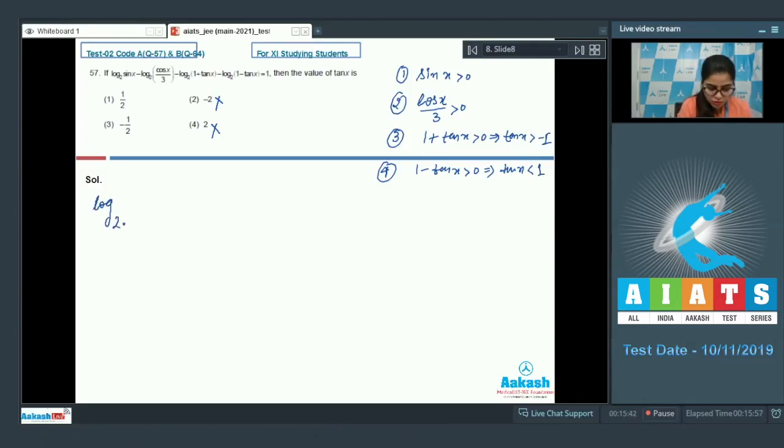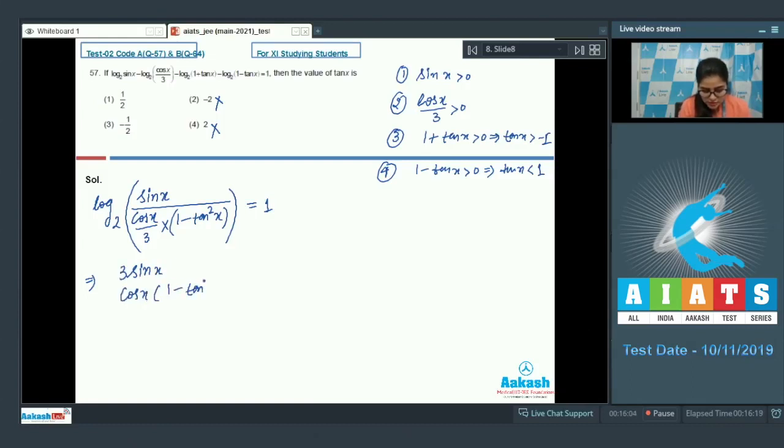Log base 2 of sin x divided by cos x by 3 multiplied by 1 minus tan square x is equal to 1. So from here you are getting sin x upon cos x times 3 times 1 minus tan square x is equal to 2. Just calculate it.